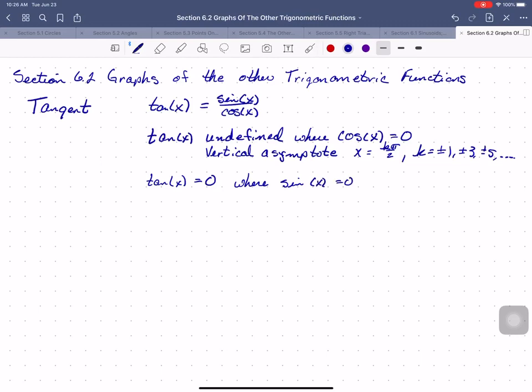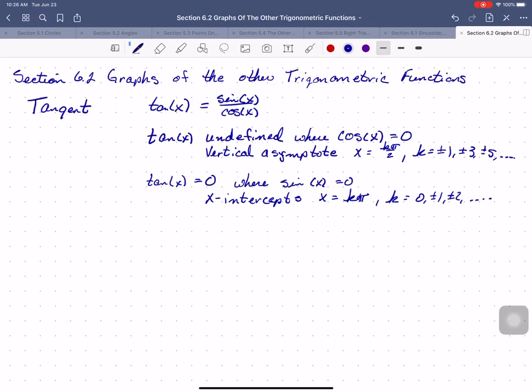And you'll remember that sine goes through 0, so we expect to find x-intercepts where x equals k pi, where k is 0, 1, 2, in other words, any positive or negative integer.